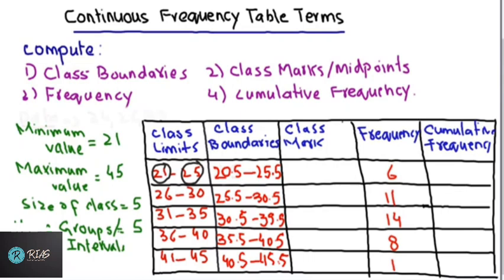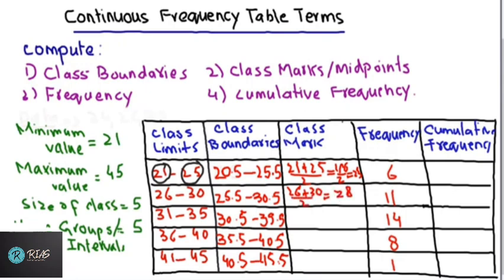Now what is class mark? Class mark is basically the midpoint of the class limits. In order to find the midpoint, you just need to add the upper and lower class limit and divide by 2. So 21 plus 25 divided by 2 is 46 by 2, which equals 23. Then 26 plus 30 divided by 2 equals 28.